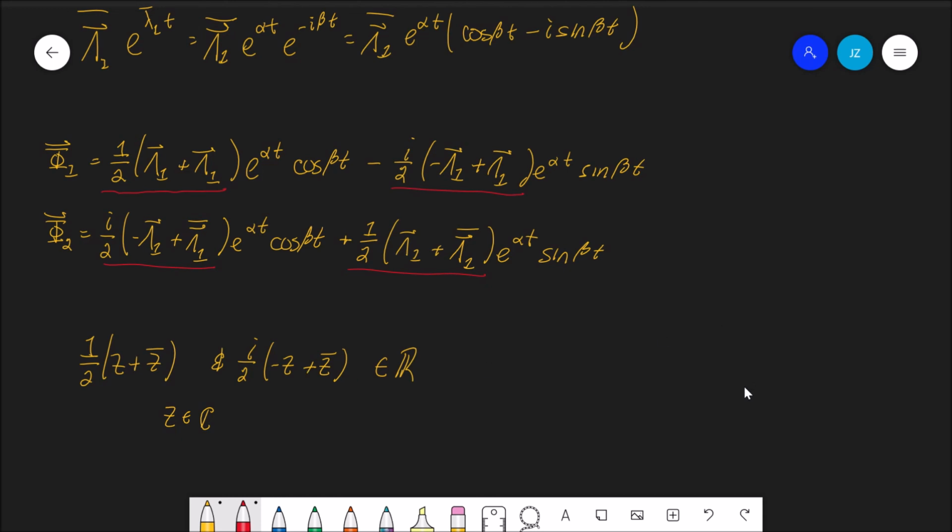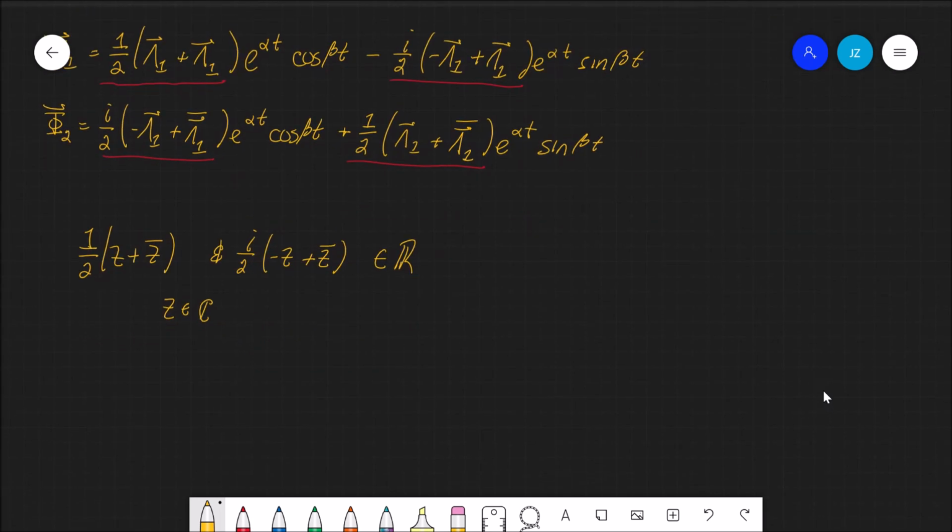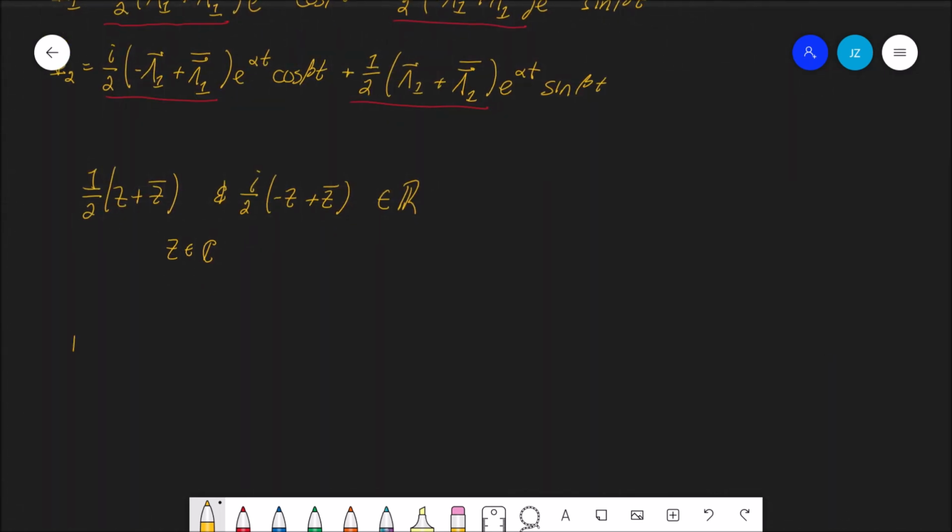So to simplify things, we're going to define a vector b1 to be a half (lambda 1 plus the complex conjugate of lambda 1), and b2 to be i/2 times (negative lambda 1 plus the complex conjugate of lambda 1).